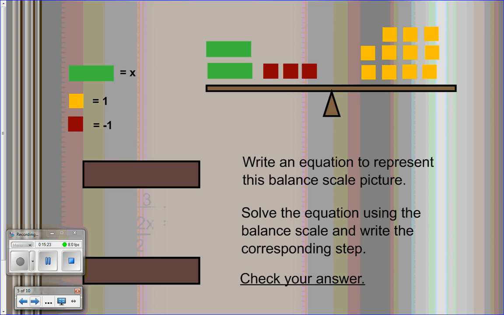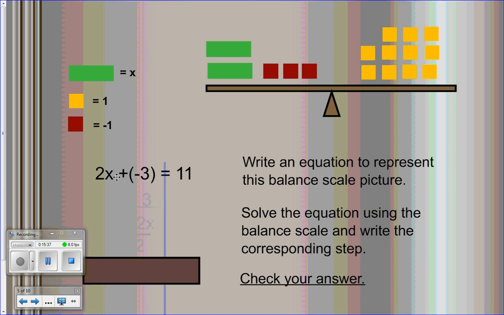Let's write an equation. We have 2x, a negative 3, and 11. 2x plus a negative 3 equals 11. Let's solve this. We are going to remove the negative 3, but just like the last problem, I have no negative 3's on the right side of my equation, so I'm going to put them on there in 0 pairs.